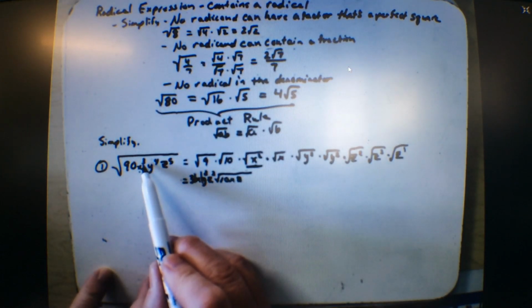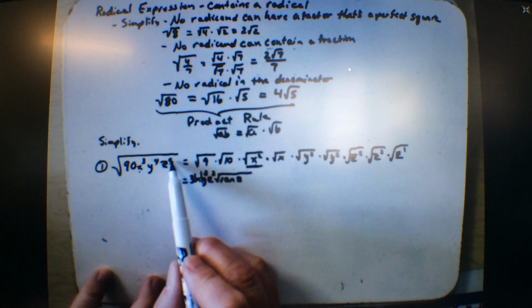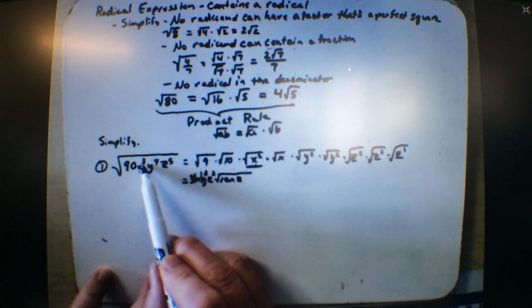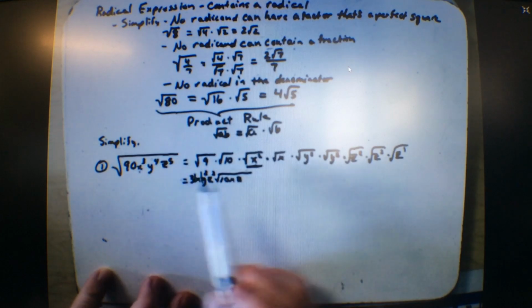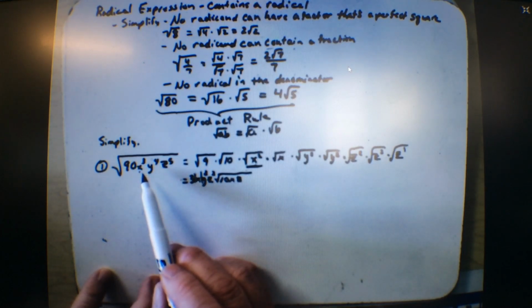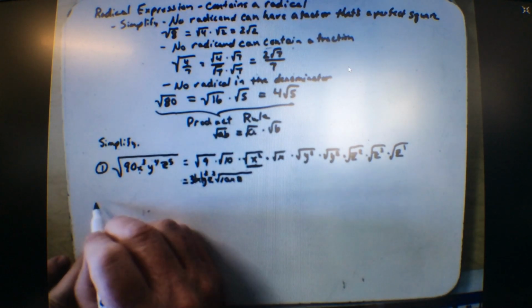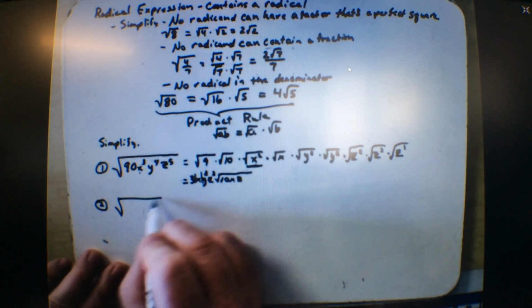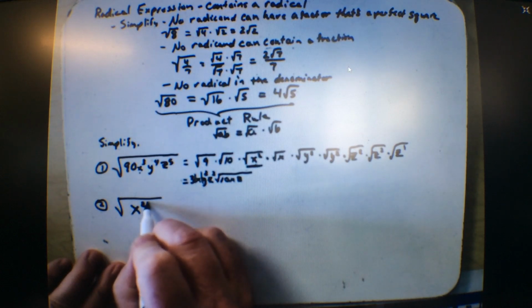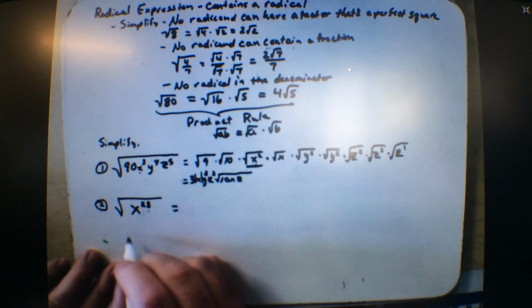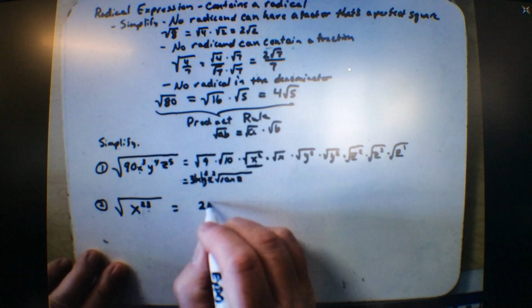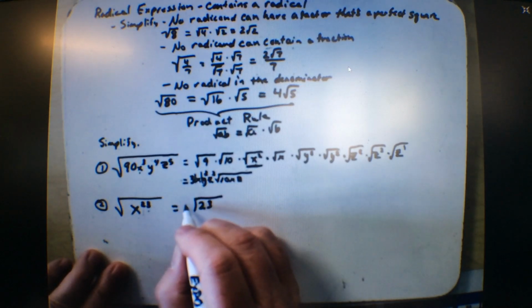Take each one of these numbers, these exponents, and divide them by 2, the magical number. And whatever whole number goes into it, I'll give you an example. If I have x to the 23 power, I'm going to take 23 divided by 2.